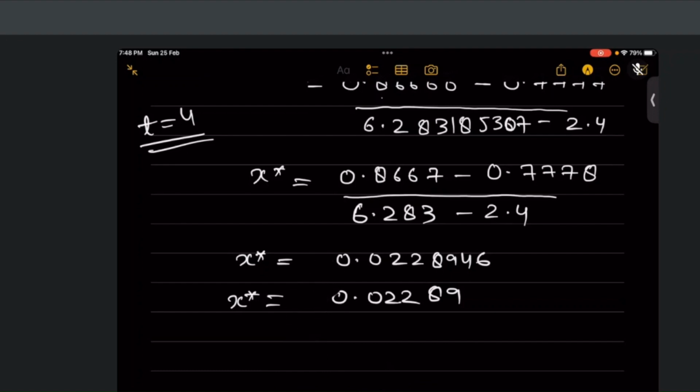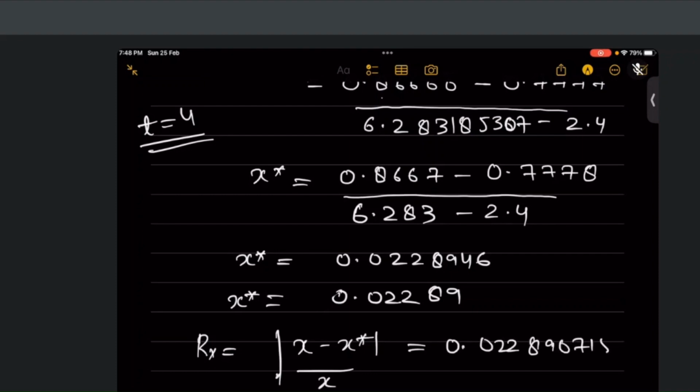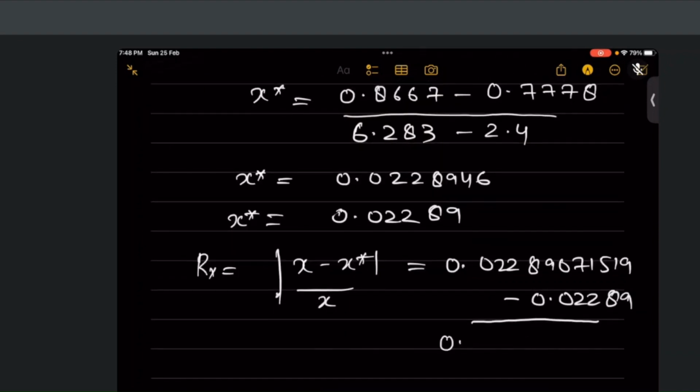Now this is the value you're getting from here. Now again, the relative error Rx is simply nothing but you will do modulus of x minus x star divided by x. This will be 0.02289711519 minus 0.02289, whole divided by the actual value 0.02289711519.